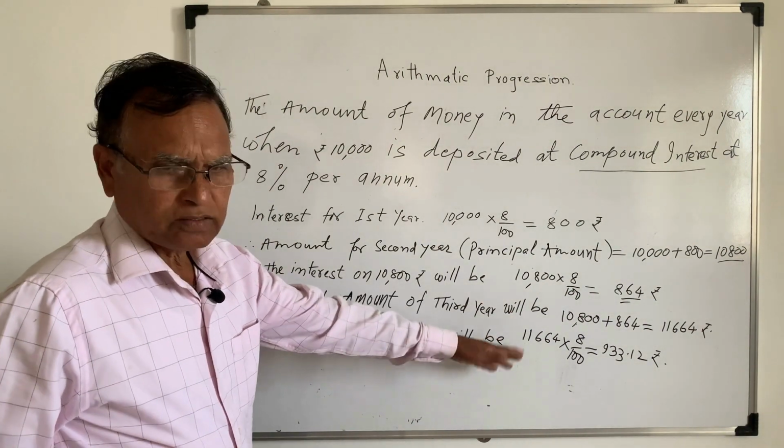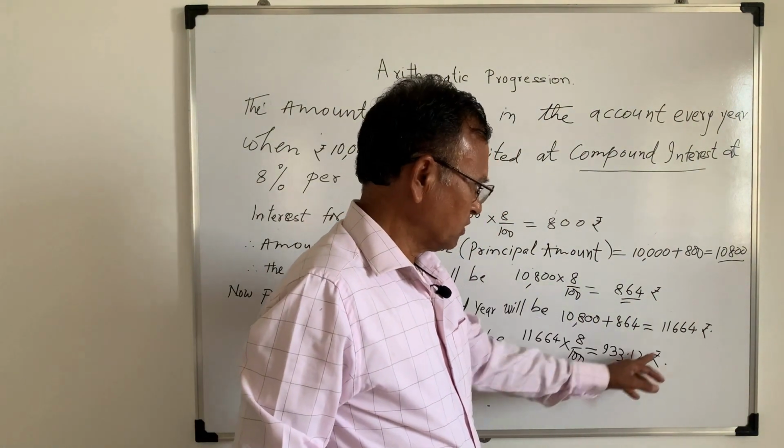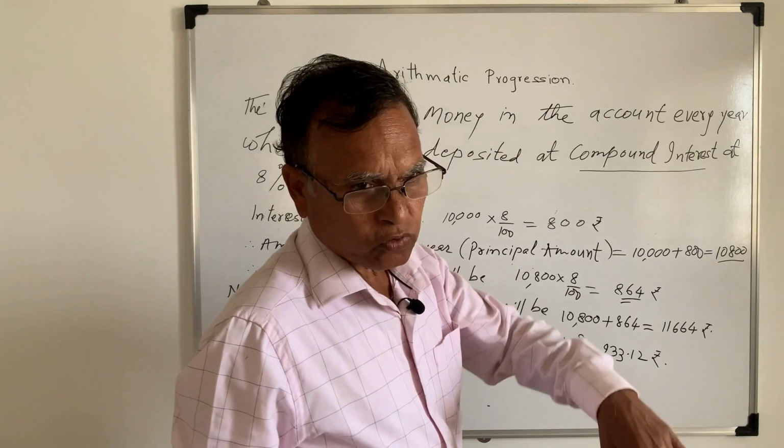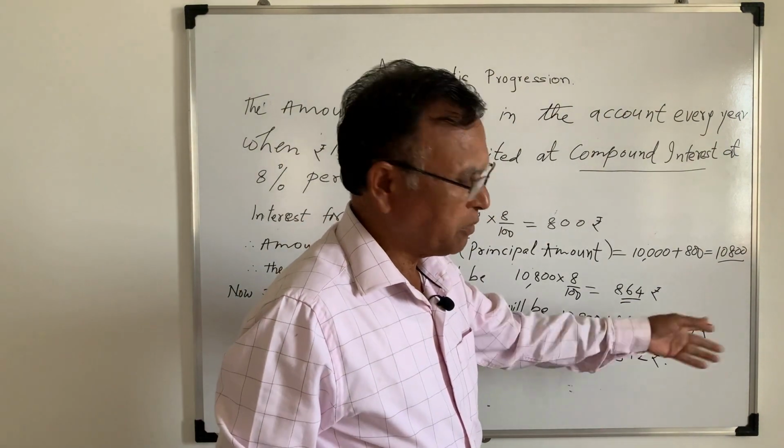Thus you can add this interest again to this principal amount, and that will be the principal amount for the fourth year, and again the same method you can apply.